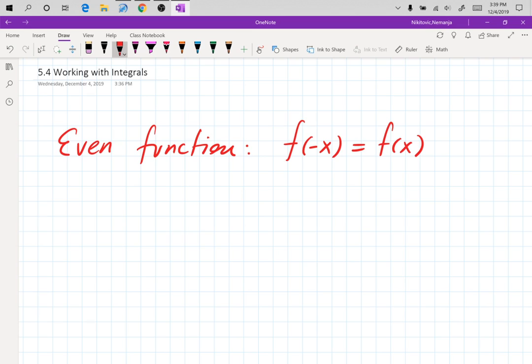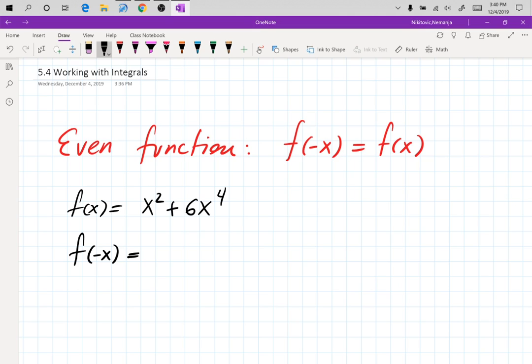As an example, we can test, let's say f of x is equal to x squared plus 6x to the fourth. The way to test this is you look at the formula and calculate f of negative x and then see what that gives you at the end.